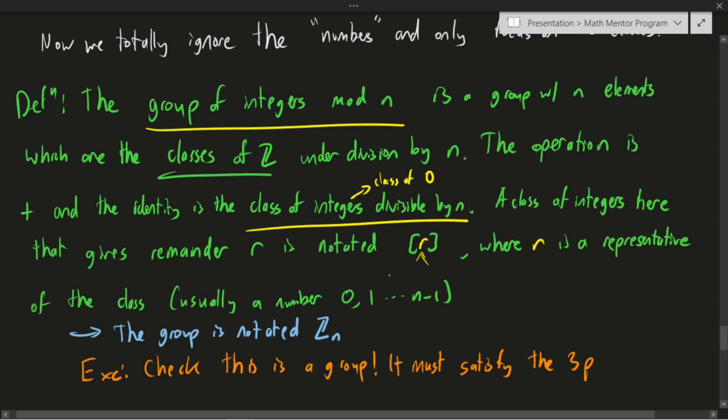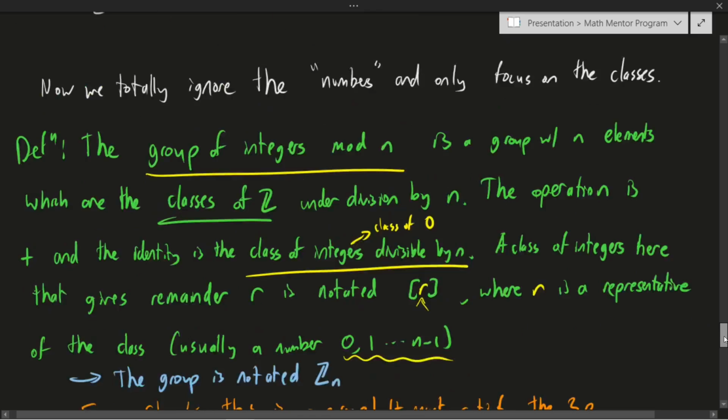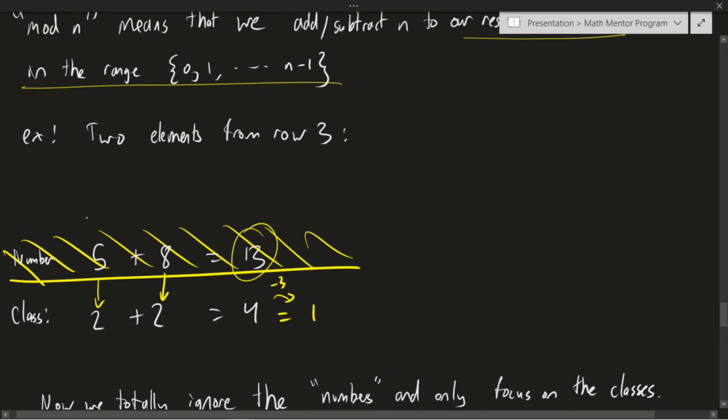And the reason why I put r here is because usually it's a number between 0 and n minus 1. So for example, up here, we can think of 5 as being in the class of 2, but also 2 is in the class of 2. Right? So that's why we use this notation, because the box number is actually going to indicate what class we're working with.